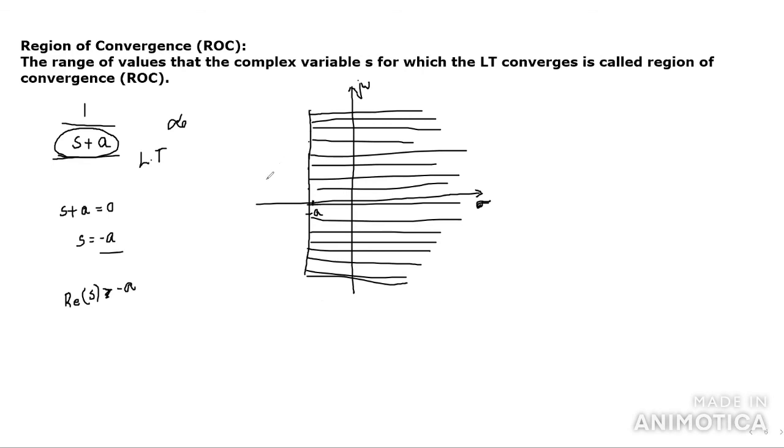That will be placed somewhere here. If it is minus 2a, it means double the value of a. So somewhere here you are going to get that. So obviously you won't find anything, which means that is not in the region of convergence. This point should be neglected.